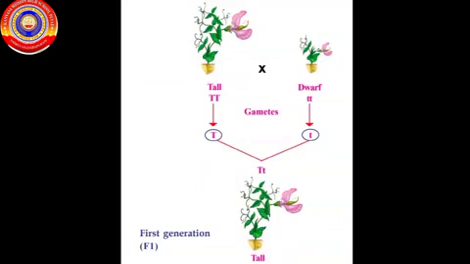The character which is hidden in the F1 generation will be expressed in the F2 generation. For that, he self-pollinated the first generation plant to understand what happened to the factors responsible for dwarfness in the first generation. Now, let's have a look.